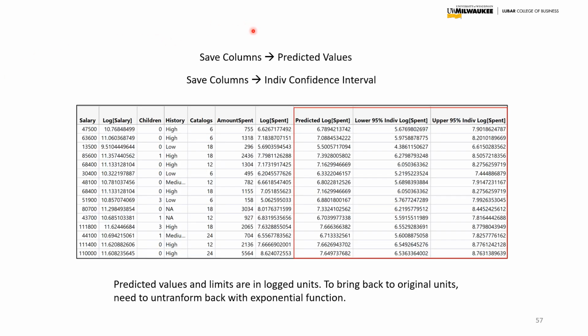What I can do now is save the predicted values, which are predictions in logged units, and save the individual confidence interval, which are the prediction limits in logged units. We can then convert these logged units back to original units by highlighting them and doing new formula column, transform, exponentiation.